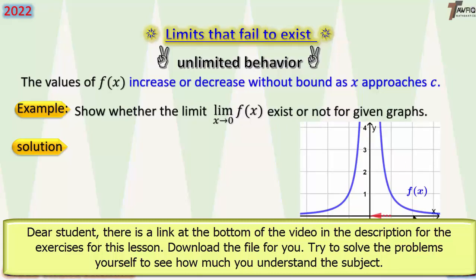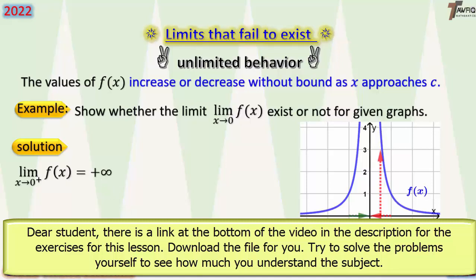As you can see, when we approach 0 from the right side, the function becomes bigger and bigger, or increasing without bound. Therefore, the limit from the right side is positive infinity.